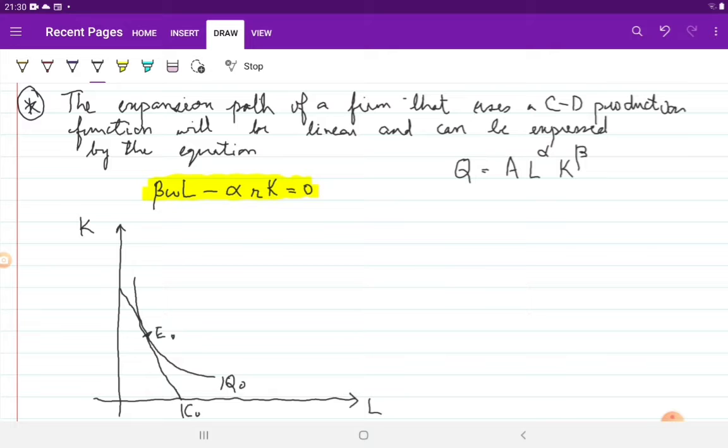Now, say the plant wants to expand its output and produce a higher level of output as represented by IQ1.